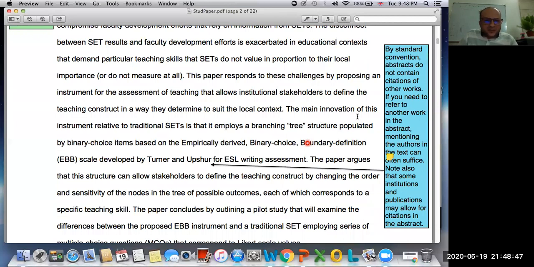Just like the main innovation of this instrument relative to traditional sets is that it employs a branching tree structure populated by binary choice items based on the empirically derived binary choice boundary definition EBB scale developed by Turner and APA, right? You can see here that the author has just mentioned the names of the author without mentioning the date of publication, pages and so on.